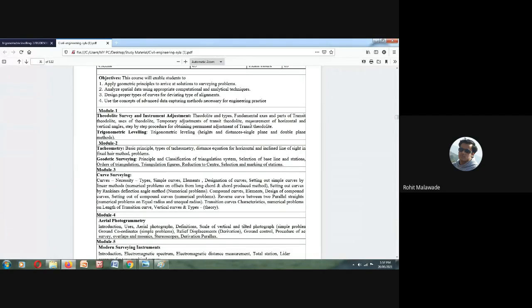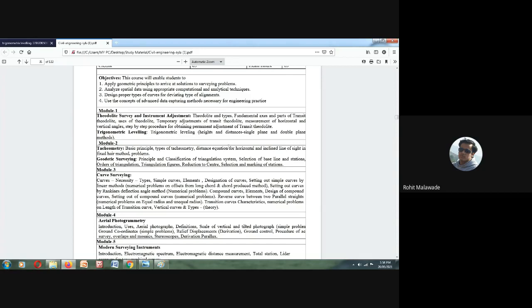Temporary adjustments of theodolite, completed. Measurement of horizontal and vertical angle covered. Step-by-step procedure for obtaining the permanent adjustments, that we have finished. Then trigonometric leveling, heights and distances using the single plane and double plane method. So your module 1 is completed, nothing has been left.